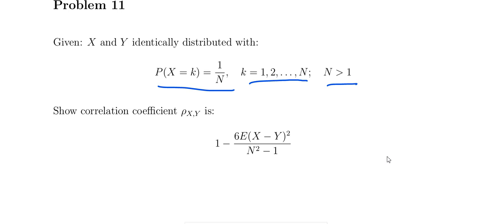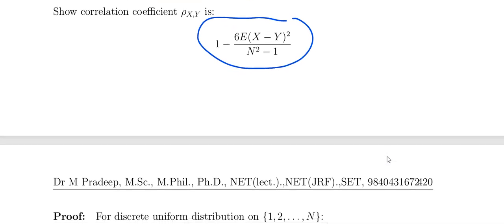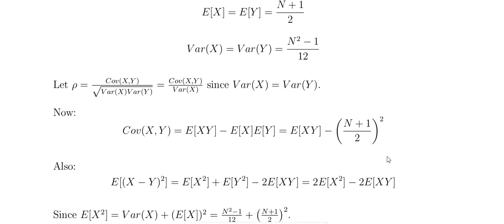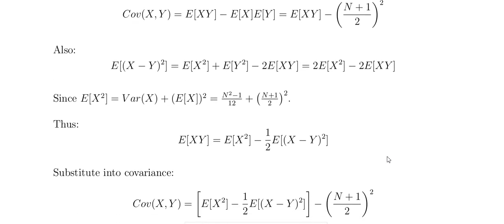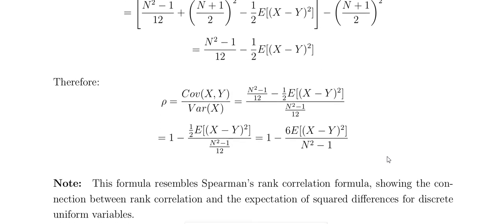So then அதனுடைய corresponding correlation coefficient is the 1 minus 6 into e of x minus y whole square divided by n square minus 1. Okay. We'll try to prove, and if you know the formula, then you can try.